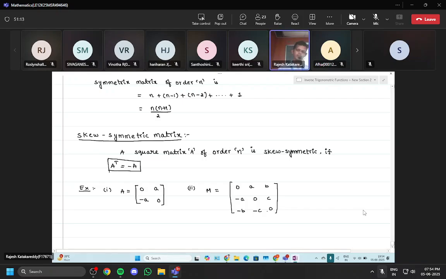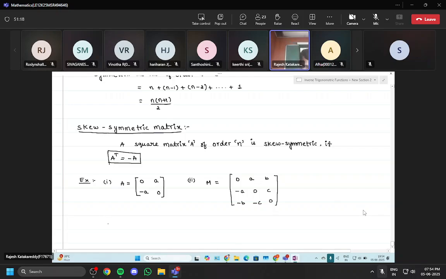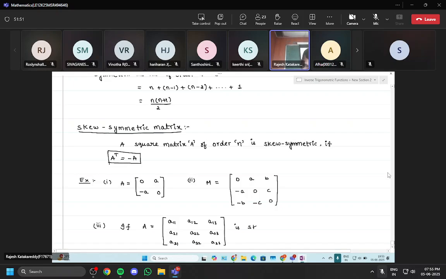Now, doubt. You want proof, then we can do that here. Let us say A is equal to A11, A12, A13, A21, A22, A23, A31, A32, A33 is skew symmetric.